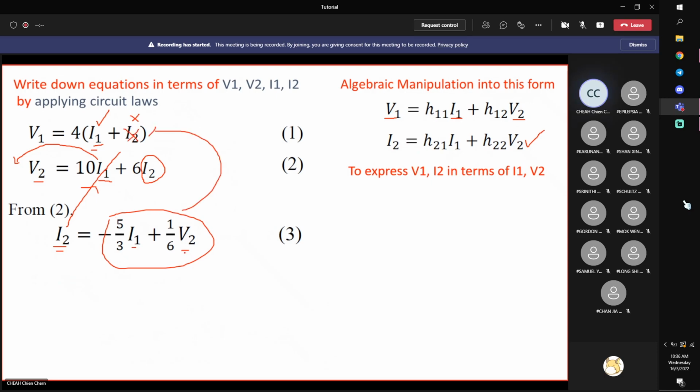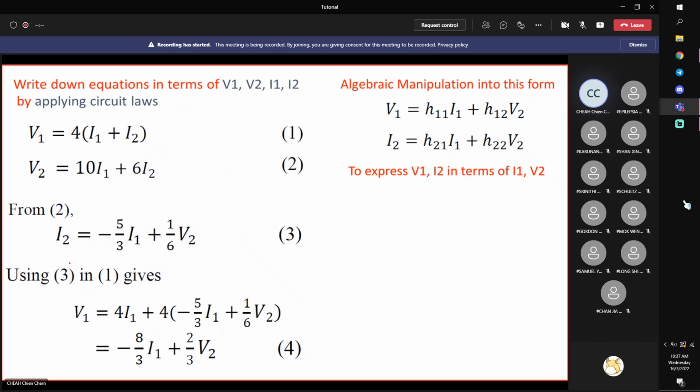Then you get everything in terms of I1 and V2, which is what you want. So the last step is to substitute equation 3 into equation 1, replacing I2. Then everything will be in terms of I1 and V2 only. Grouping I1 together, you get your H11 parameter, and the coefficient of V2 gives you H12.